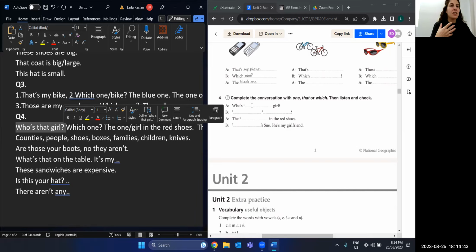So what do you have to say? There aren't, because it's plural, plants. So the first thing you should do is look at the noun, the object. Is it singular or plural? And then after, see if it's a negative or not, and then decide if you need to say there is or there aren't, or there are or there isn't. So that's what I would do. I would look at the noun first.